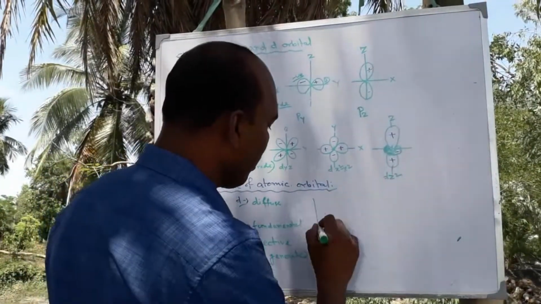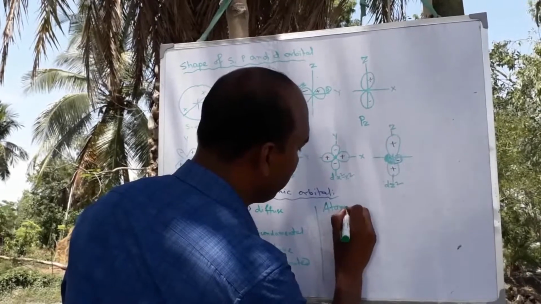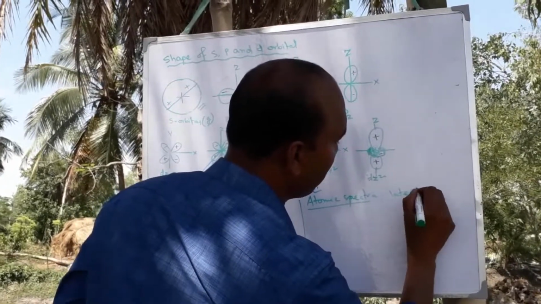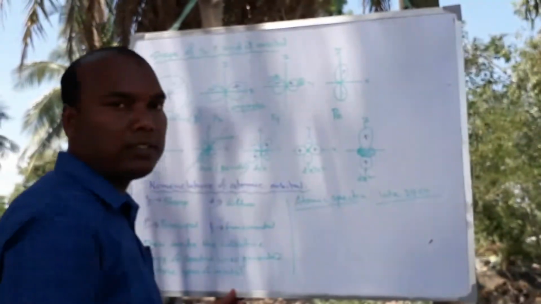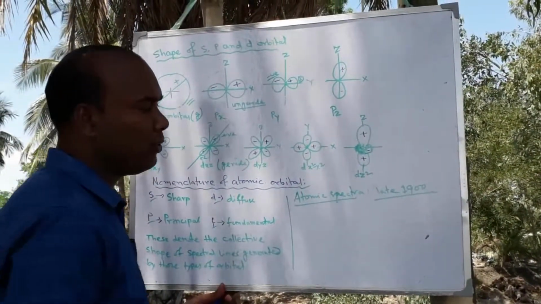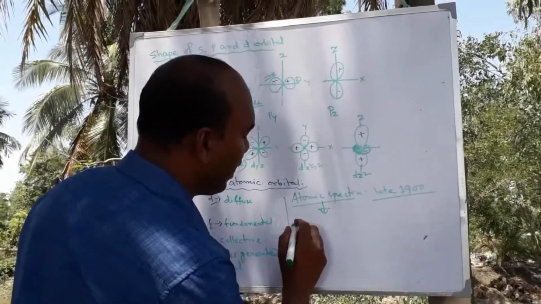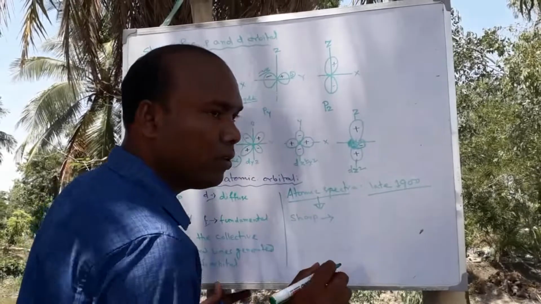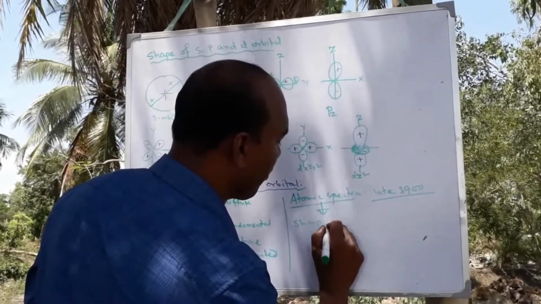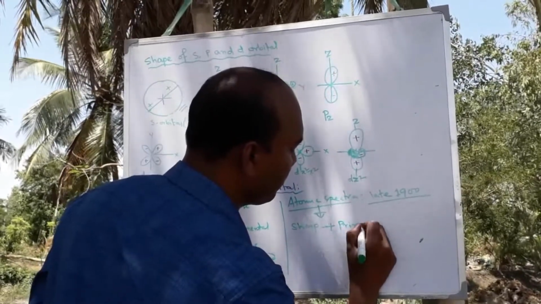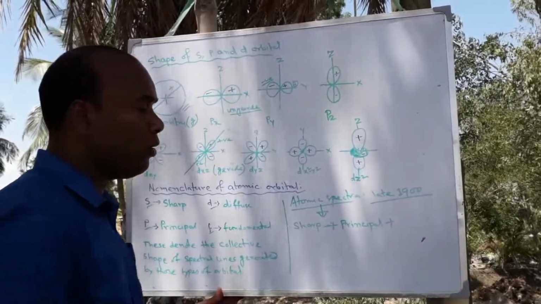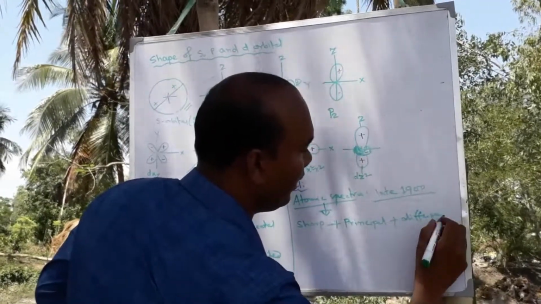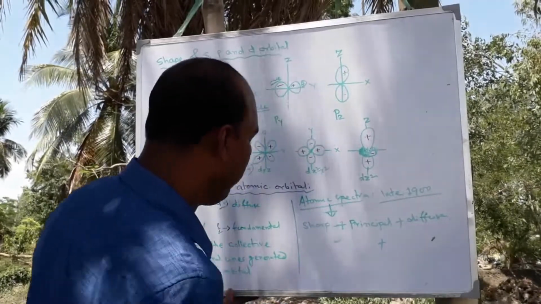You know, atomic spectra. In the late 1800s, when scientists studied the atomic spectra of alkali metals, they found that in the atomic spectra, some lines are very sharp, some lines are very dense, that is, they look like the principal line, and some lines in the atomic spectra are diffuse, and some lines are very fundamental.